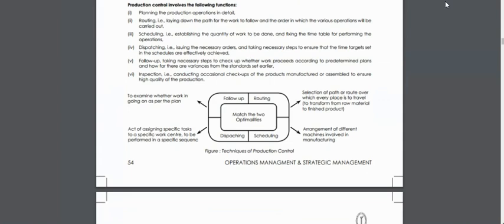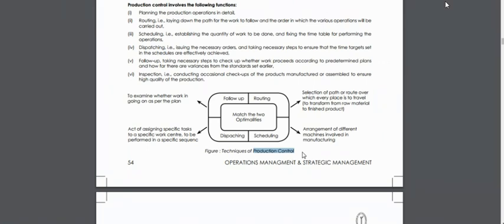If you can see the diagram here, techniques of production control. Production control means that if I am using my inputs to generate a desired level of output, there could be overproduction also, and underproduction also.